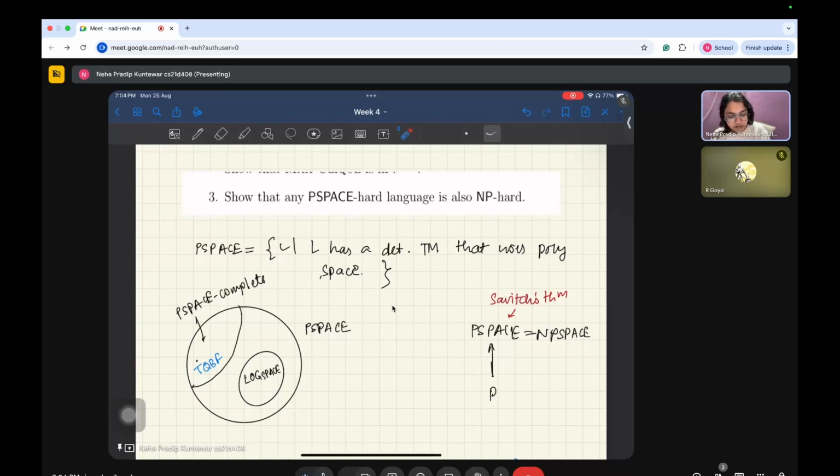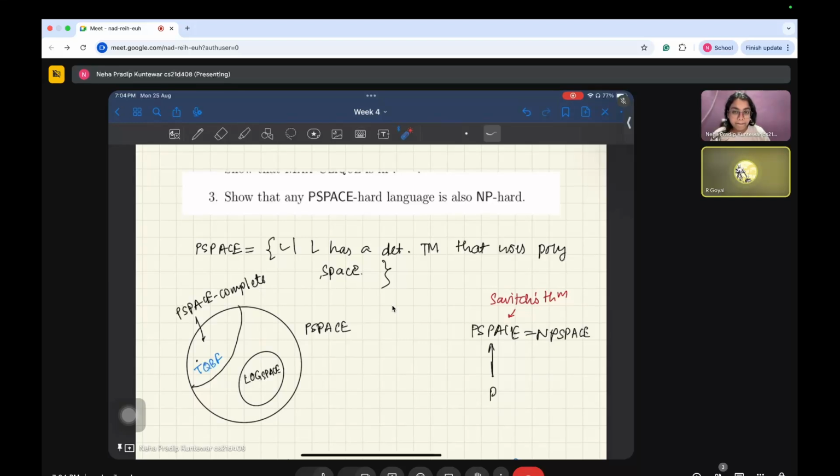Now the question is, if A is a P-space hard language, then we want to show that it is also NP hard. How do we show that? If a language is P-space hard, then all the languages in P-space can be reduced to this problem.